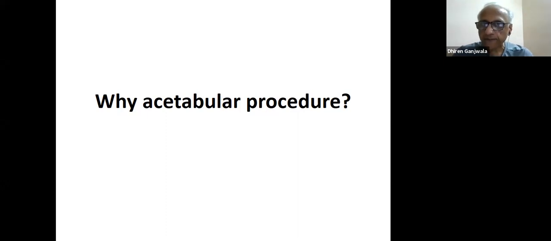And for that, at 5 years, it is always wiser to add an acetabular procedure. Which acetabular procedure, we are going to see in a minute. But the first important point is that at 5 years, please say that I will go for open reduction, I will add femoral shortening and an acetabular procedure. This is the complete prescription for surgical treatment at 5 years.